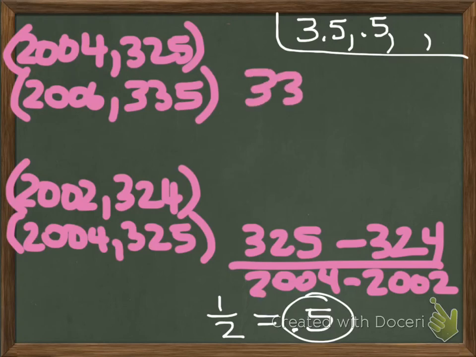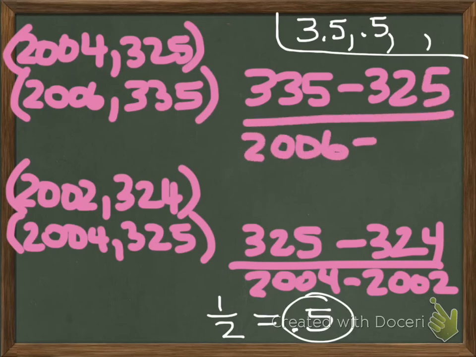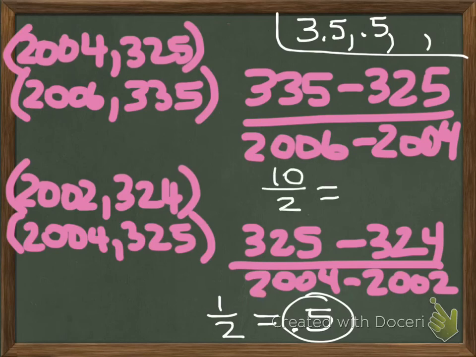So 335, I'm going to subtract the y's over the x's, and I'm going to get 10 over 2, which simplifies to 5. So my 3 rates of change are going to be 3.5, 0.5, and 5.